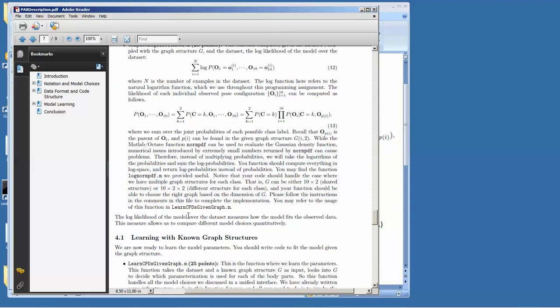So how well does this model fit this data set? Would a naive Bayes model fit this data well, or would this realistic model with all edges connected between parents and children fit better? Those kinds of decisions are what this function will help you make. Good luck and thank you.